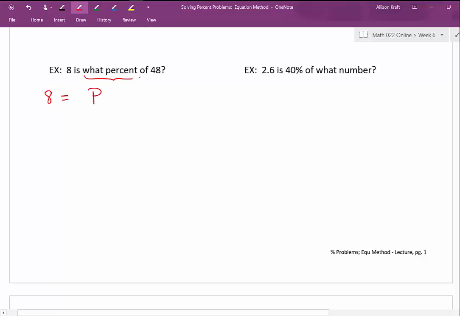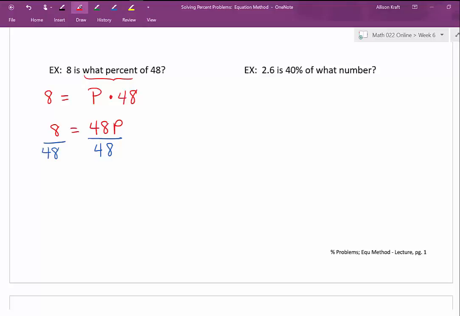So P, and then of means multiplication, 48. I'm going to do a little rewrite. 8 equals 48p.